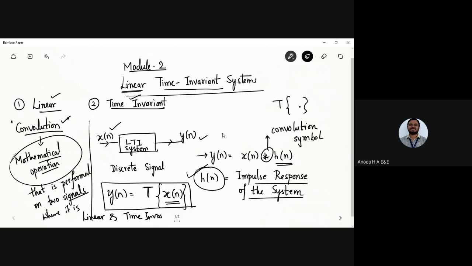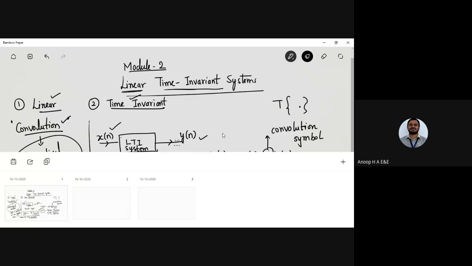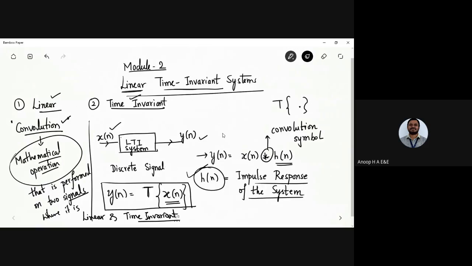Since it is time invariant, you will have a shift of time. Say f of n is the output signal. You will have two signals, g1 convolved with g2, any two signals.